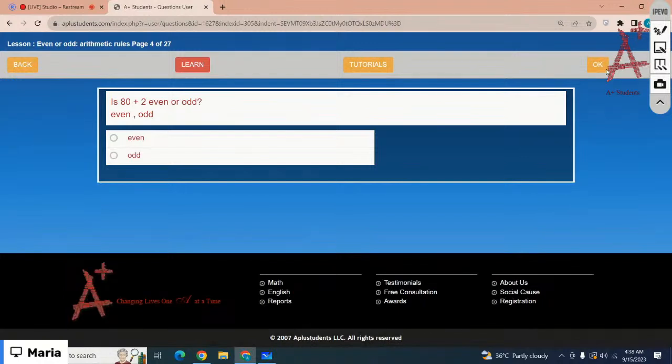Okay, is 80 plus 2 even or odd? So you are adding two even numbers, so their sum must be even in this case, right?